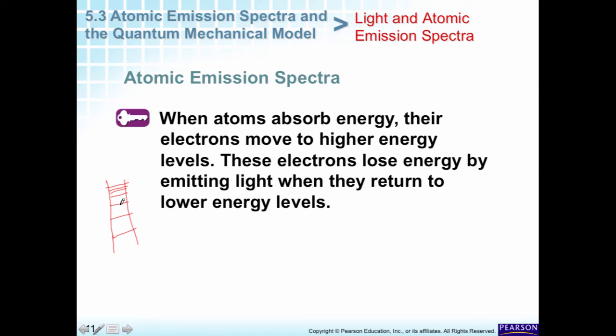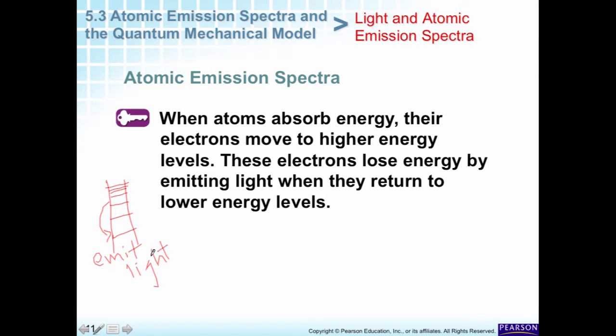But this usually is not the stable place. We want to be at the ground state, so they will fall back. So it absorbs energy, and then it falls back, and it emits electromagnetic radiation, or light. It can be ultraviolet, it can be infrared, which we don't really see.